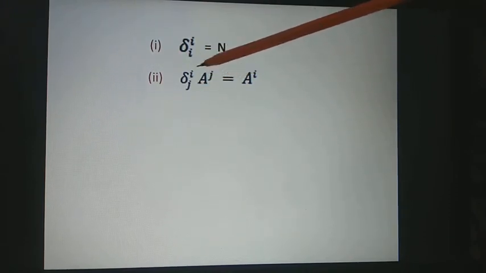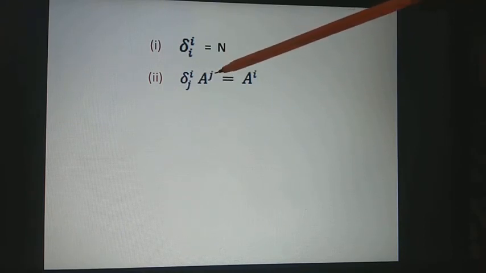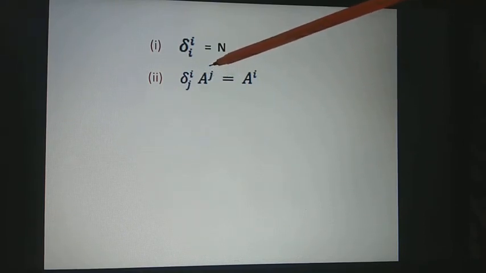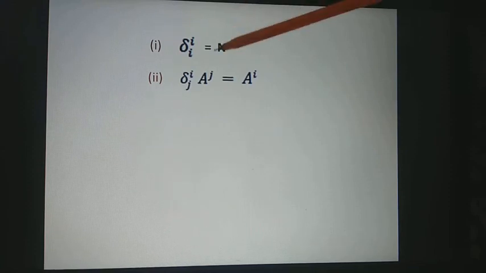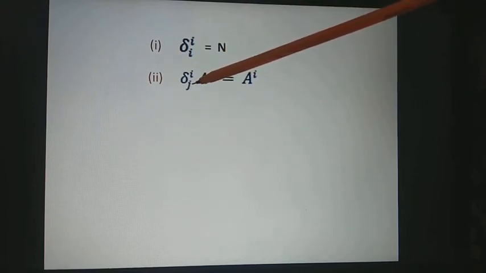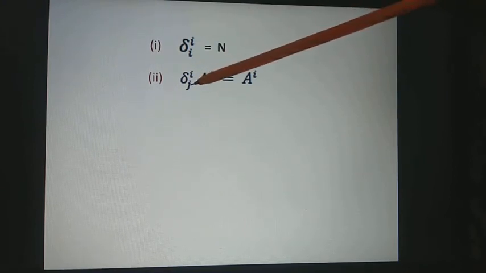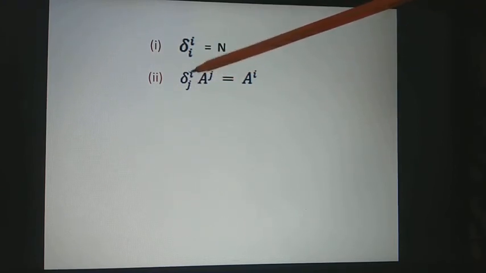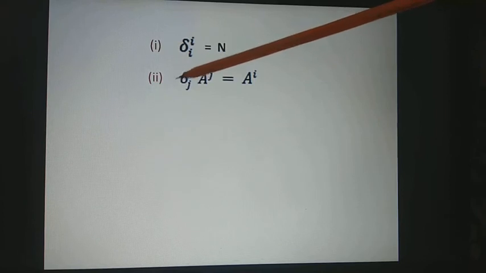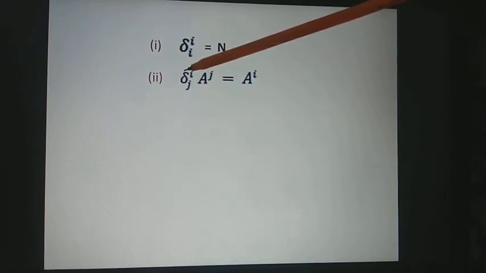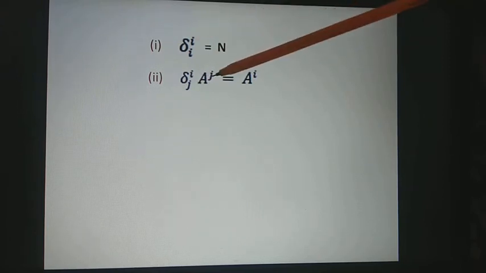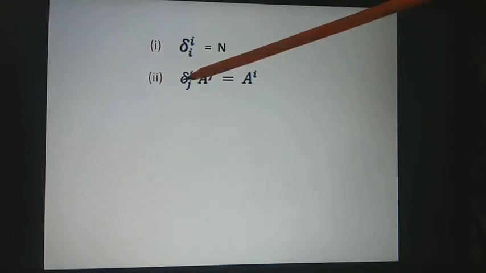But as j is repeated, the sum is taken over j, means we can vary the values of j only. I is fixed, so whenever j assumes the value i, this quantity becomes 1. So this j also becomes i. So 1 into ai, that is ai.